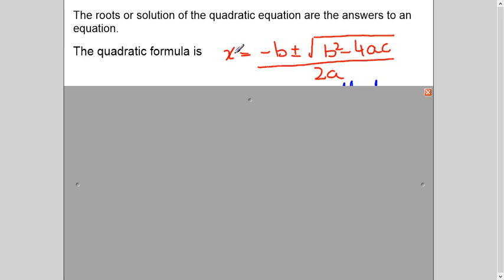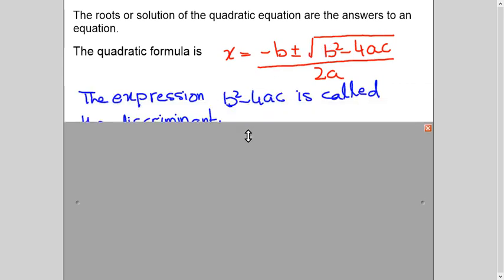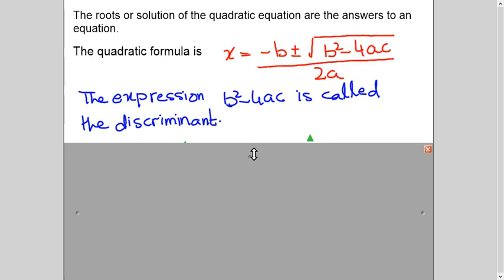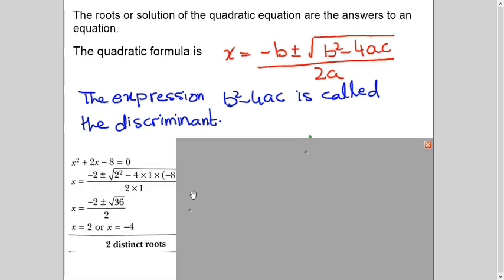This x gives us the value of the quadratic equation, the answer or the solution. So what happens if this is positive, negative or 0? That's why it is called the discriminant, because it discriminates the nature of the solution. We will see the three cases here, one at a time.